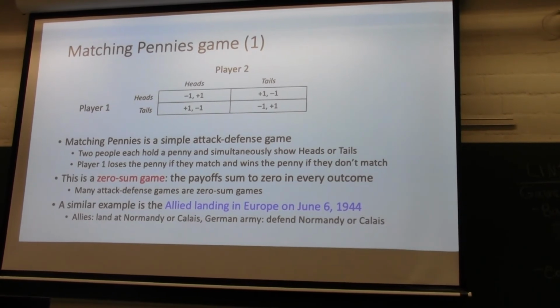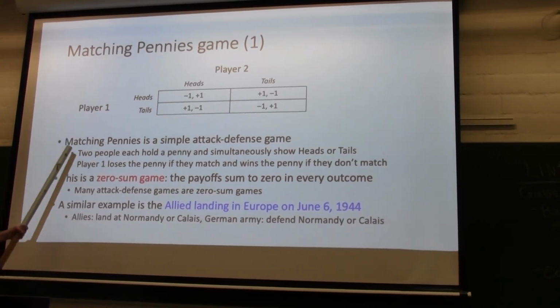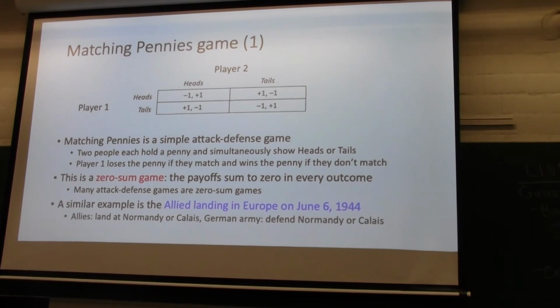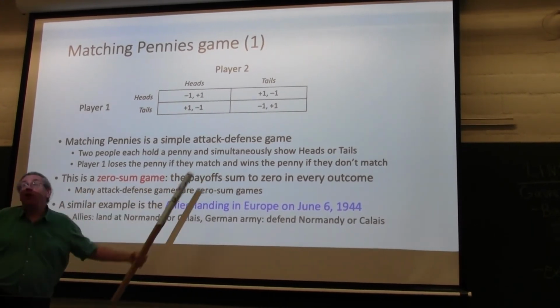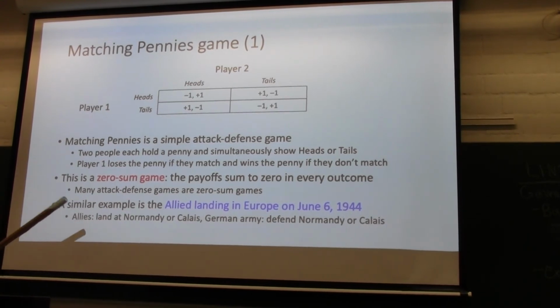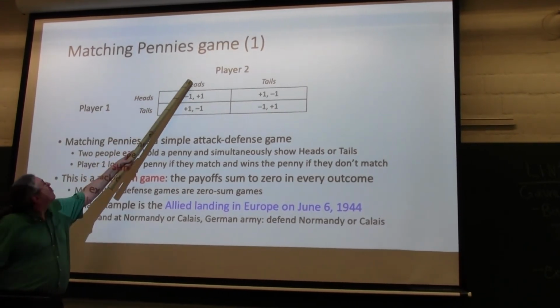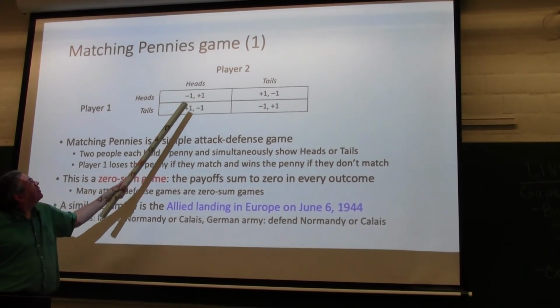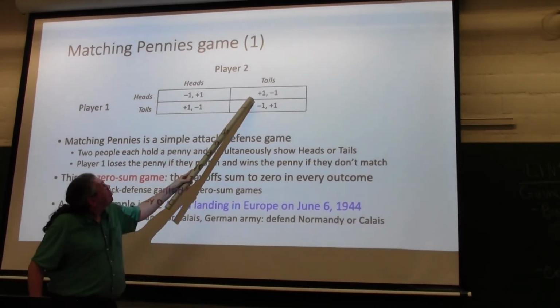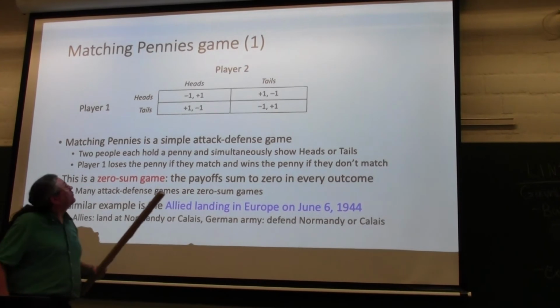If they match, player one loses the penny. If they don't match, player one wins a penny. Okay? So it's like this. Heads, heads, player one loses, and player two wins. Heads, tails, player one wins, player two loses.